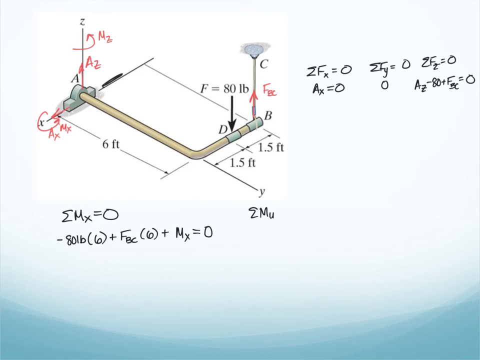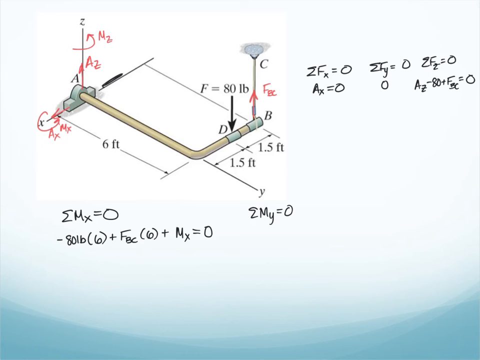When I look at moments about the y-axis, I have to think about whether any of these forces would cause moments around the y-axis. In this case, the 80-pound force and the force BC would cause rotation about the y-axis, because now I'm looking at it from a different point of view.